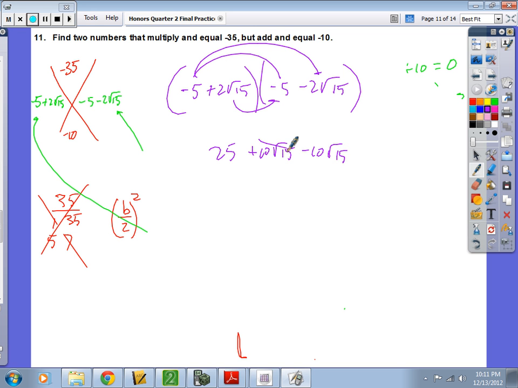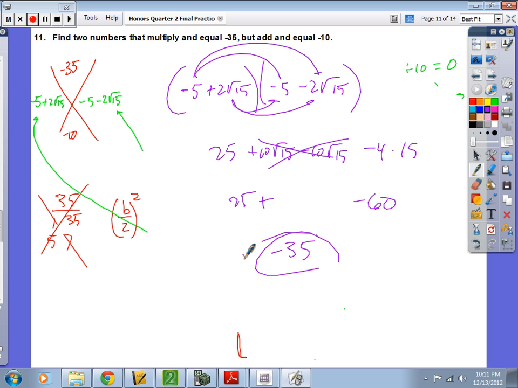So that cancels, thank goodness. And this is going to be minus 4 times 15. 4 times 15, that's going to be a minus 60, and a minus 60 plus 25, there is your minus 35. Sweet, you found them.